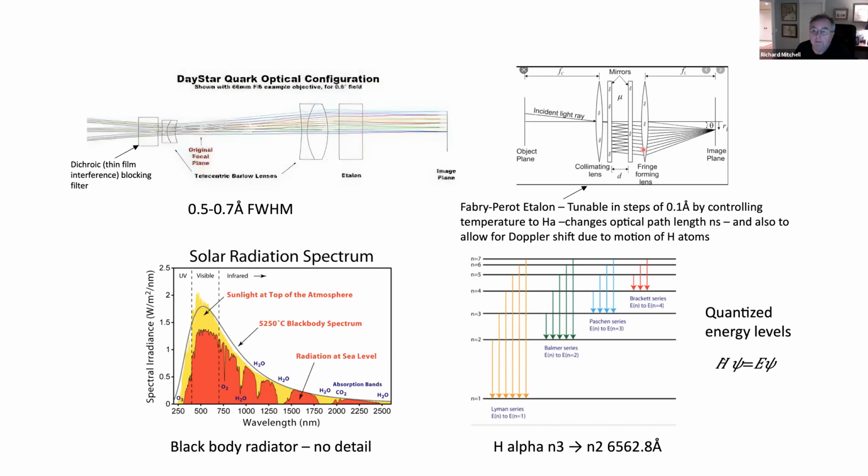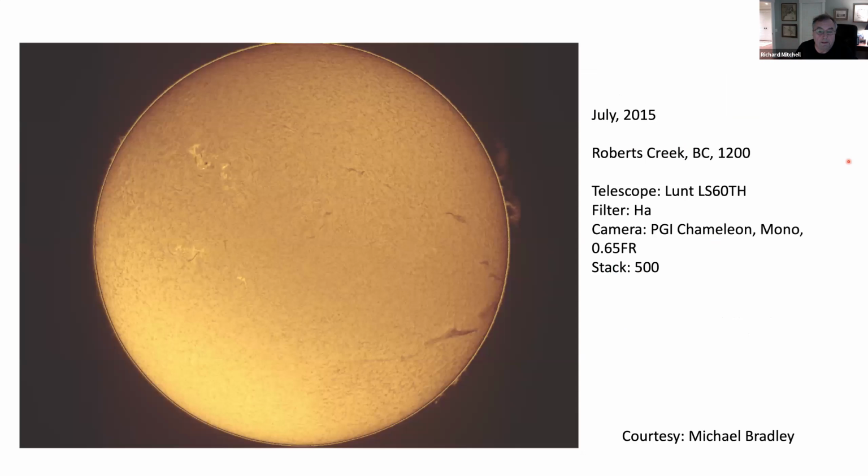It also allows for changes, because with the motion of the hydrogen atoms there are Doppler effects which will slightly change the frequency. So you can tune it to get a very precise view of the sun in hydrogen alpha.